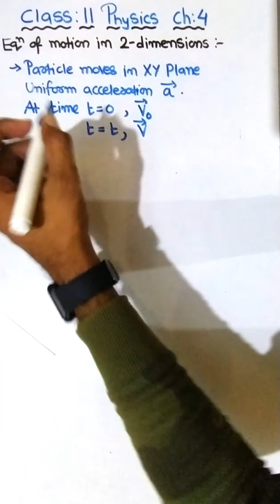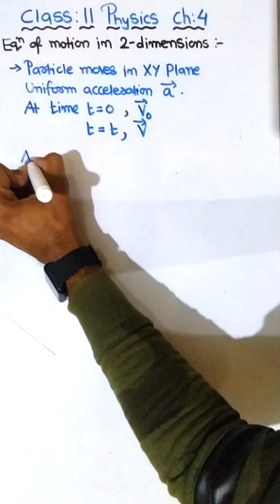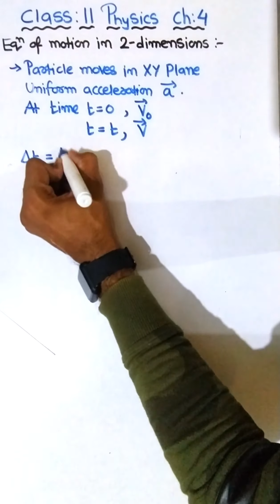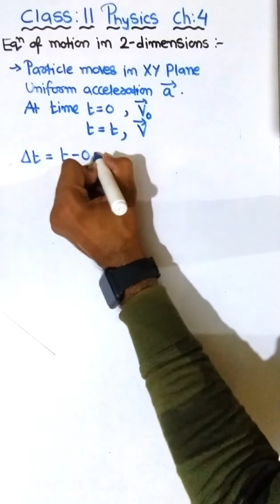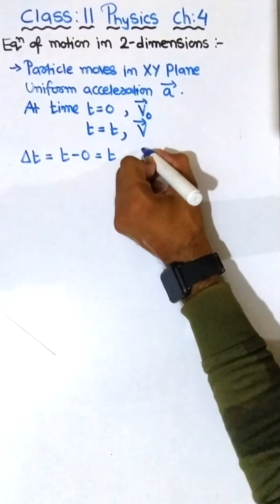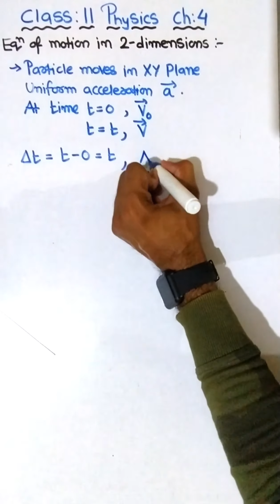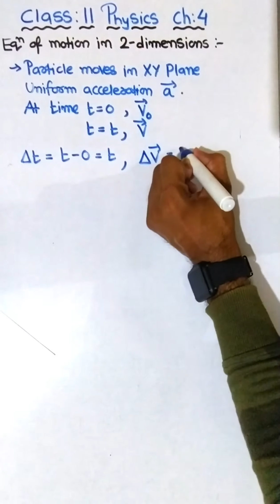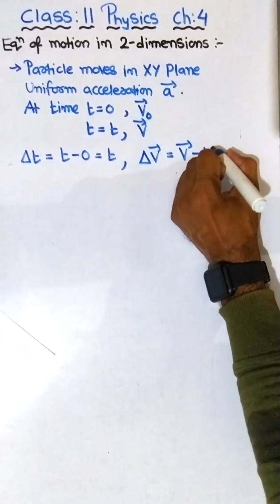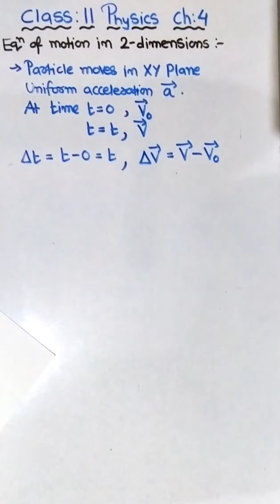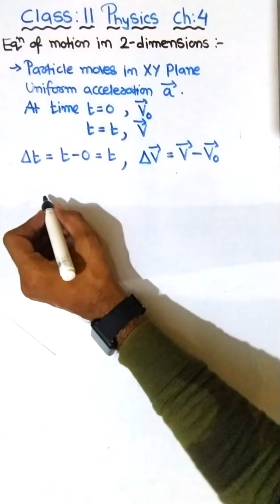So if we find the change in time, delta t, it will be final time minus initial time, that is t only. The change in velocity, delta v vector, will be final velocity minus initial velocity.